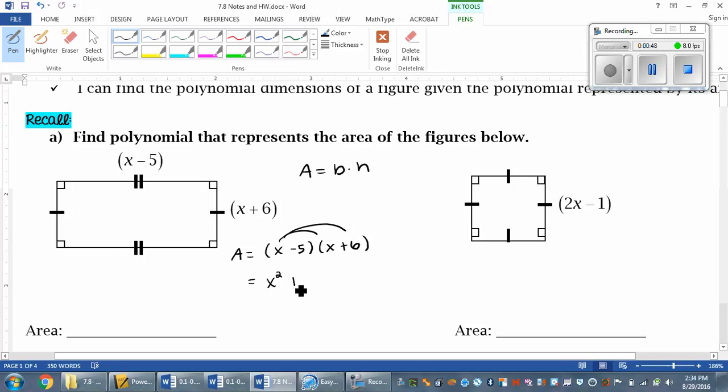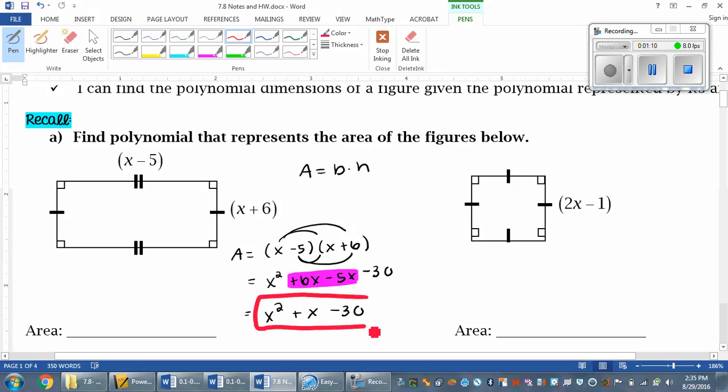X times 6 is 6x. Negative 5 times x is negative 5x. And lastly, negative 5 times 6 is negative 30. Notice we can combine like terms. X squared plus 6x minus 5x is positive 1x, minus 30. So that is the area, the polynomial that represents the area.